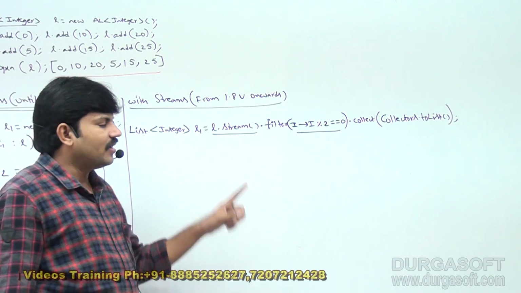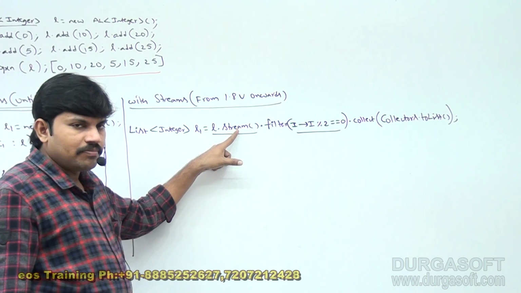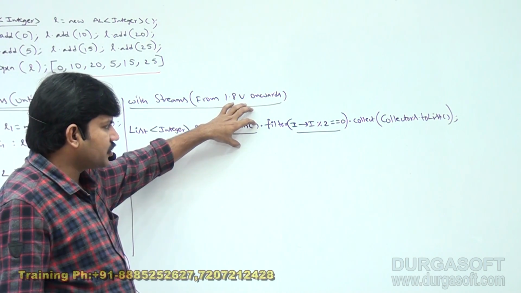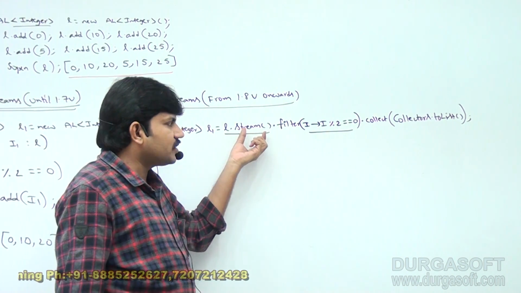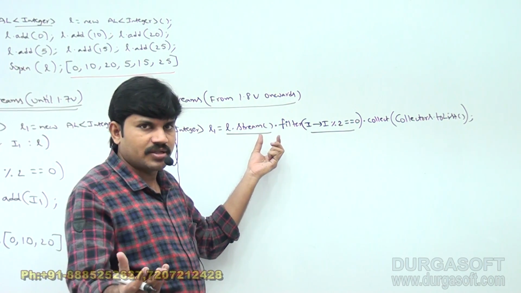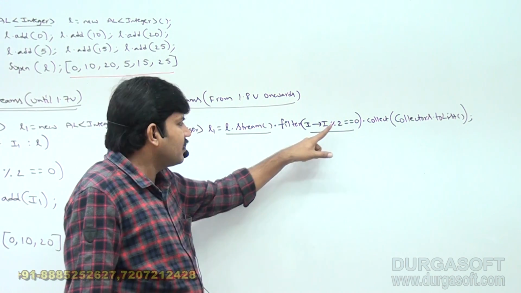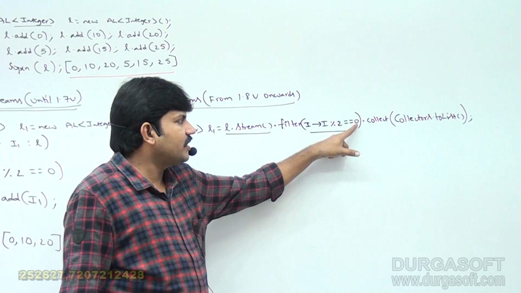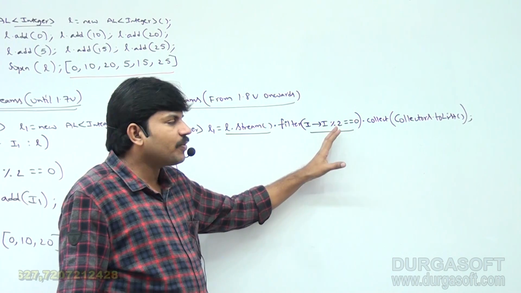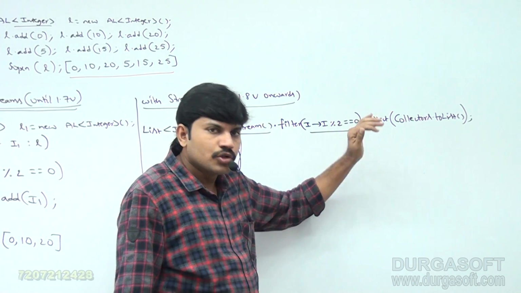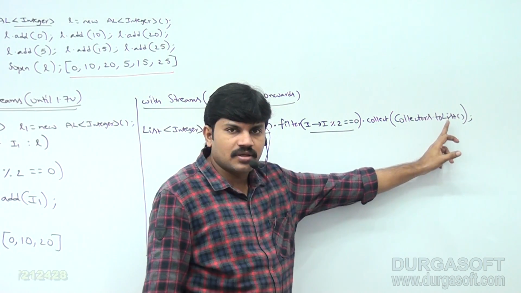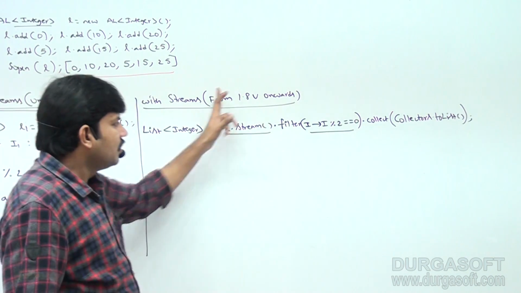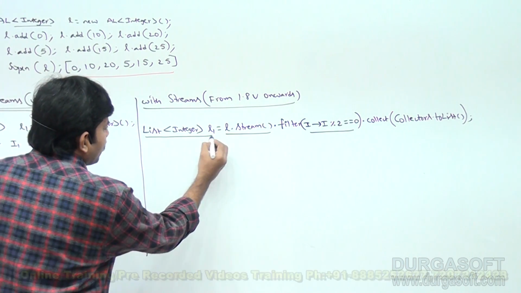Just get the basic idea. Can you please get the stream for my collection? Now I got the stream. By using this stream, can you filter based on this condition? For every integer, if it is even, can you please collect such integers into the list? Collectors.toList(). Now, sir, this list is ready.